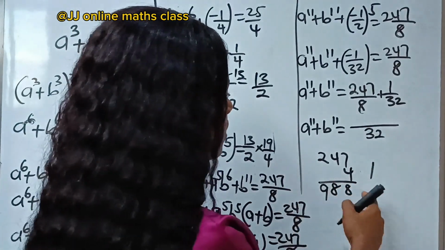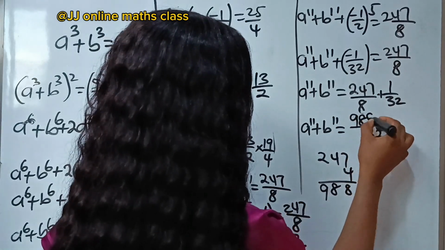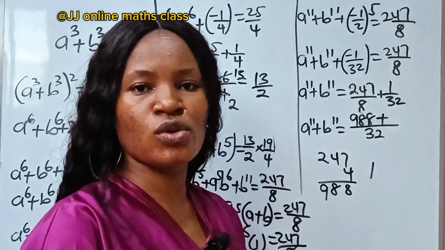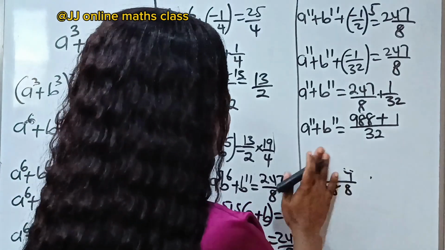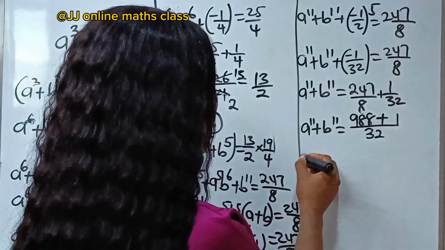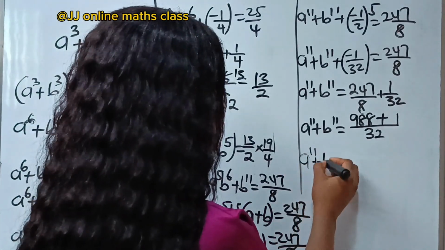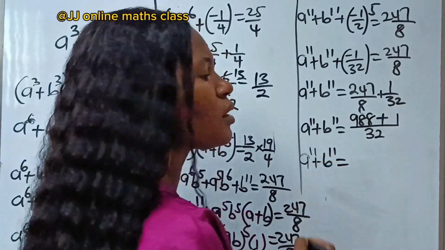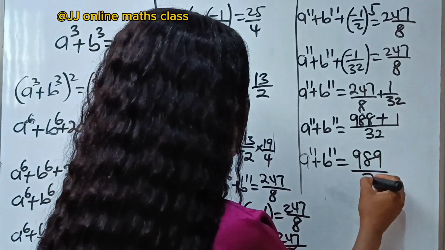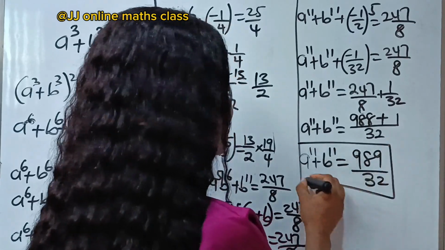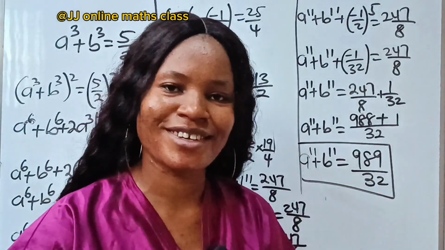So we have 988 plus, when 32 is divided by 32, we have just 1. 1 times 1 is 1. Now we have a to the power of 11 plus b to the power of 11 is equal to 989 over 32. And this is our final solution.